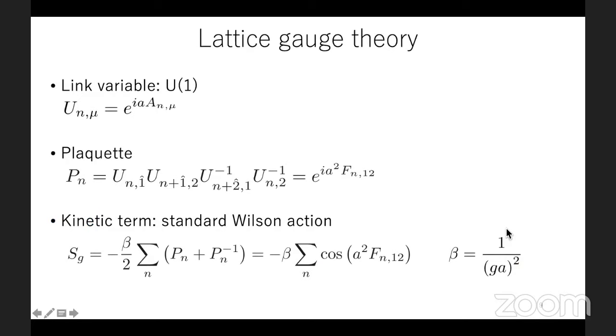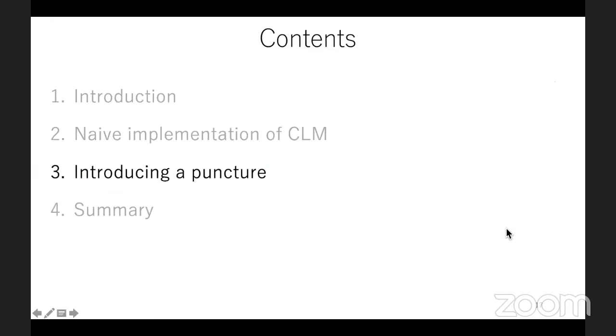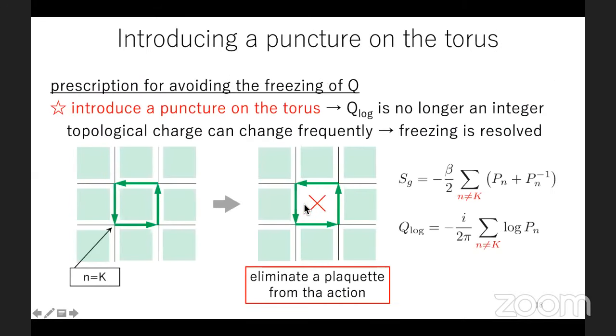In two-dimensional cases, it's very straightforward. Just remove a puncture from the 2D torus. We are now trying to generalize this idea to four-dimensional cases. A four-dimensional lattice is more complicated than this figure, and the definition of topological charge is also more complicated.